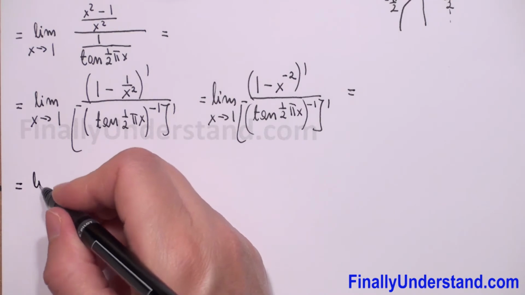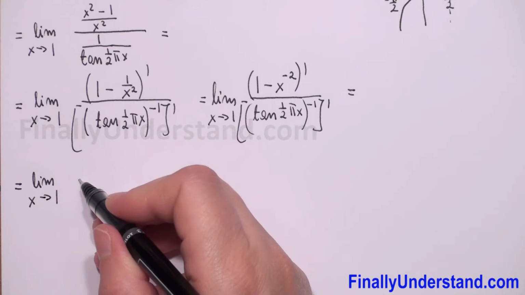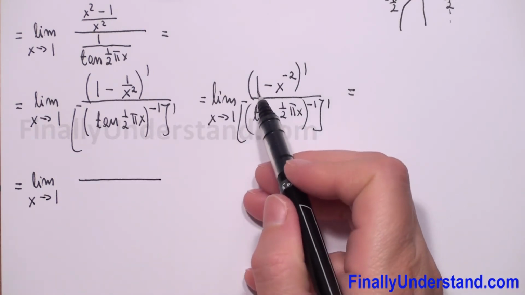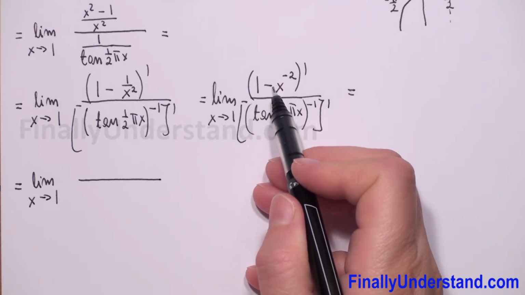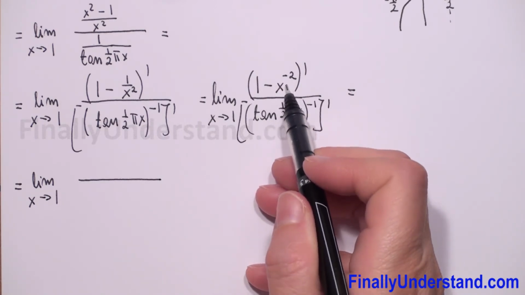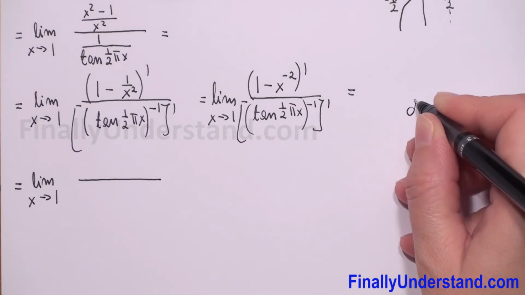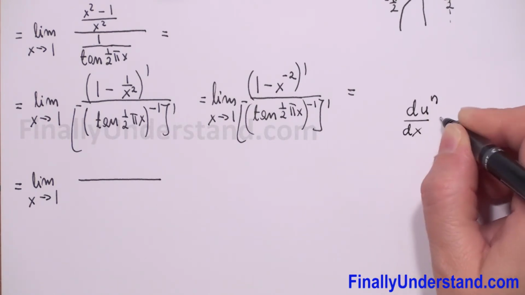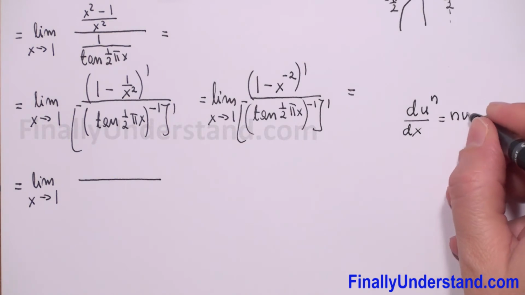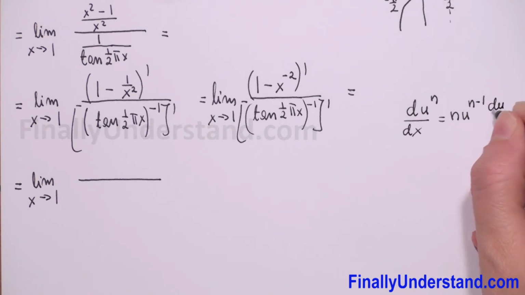So this is equal. We have limit as x approaches 1 and derivative of 1 is 0, and now we have the derivative of function raised to a power. So let me remind you, when we have derivative of u to power n with respect to x, this is equal n times u to power n minus 1 times derivative of u with respect to x.